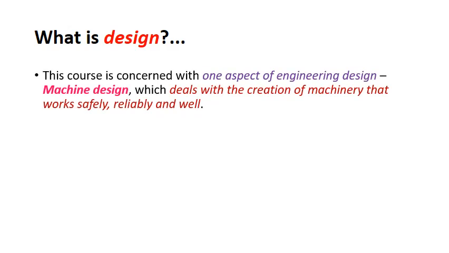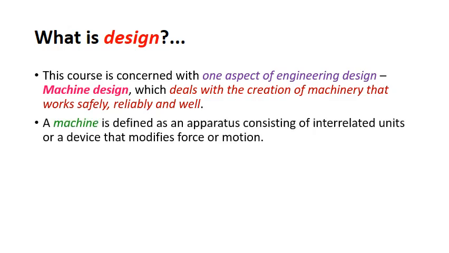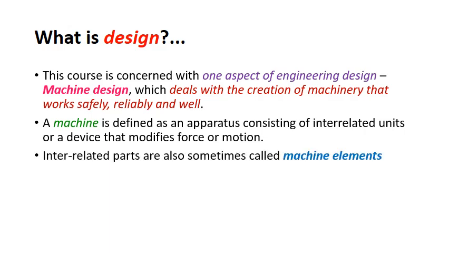In this course, we are concerned with only one aspect of engineering design, that is machine design. As defined earlier, machine design means basically the creation of machinery that works safely, reliably, and well. A machine is an apparatus which has interrelated units that modify a force or motion. And these interrelated parts or units are known as machine elements. So what is our objective?